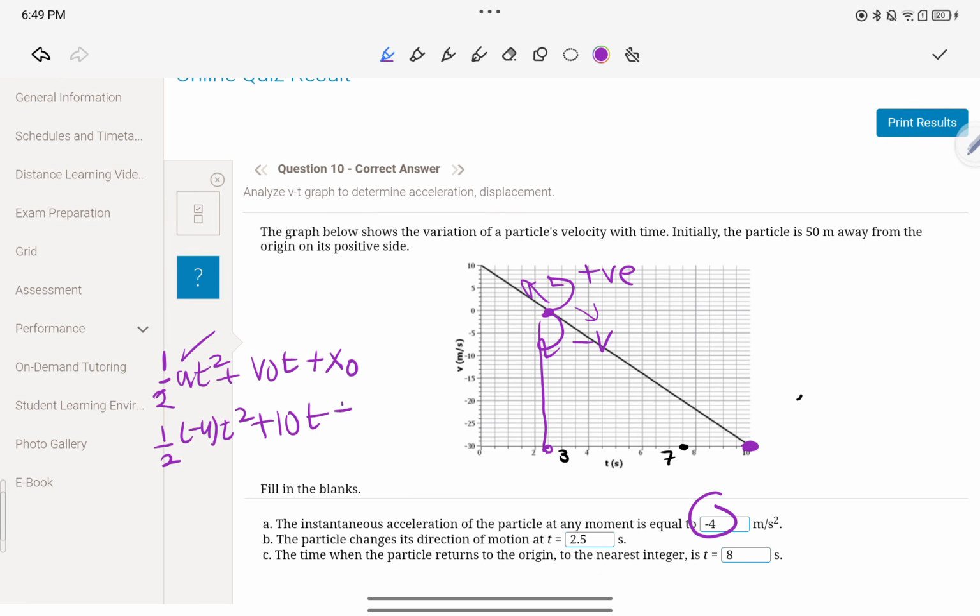10t plus, they said the particle is 50 meters away from the origin, so plus 50. Now you will get negative 2t squared plus 10t plus 50. Now, mode 5-3 again, in A, negative 2, B, 10, C, 50.